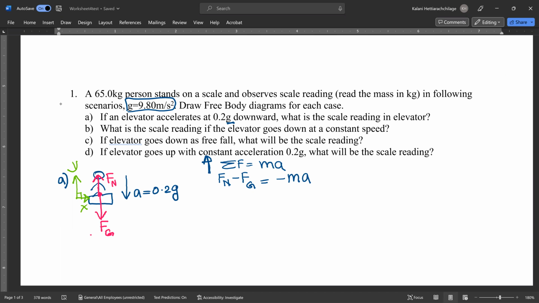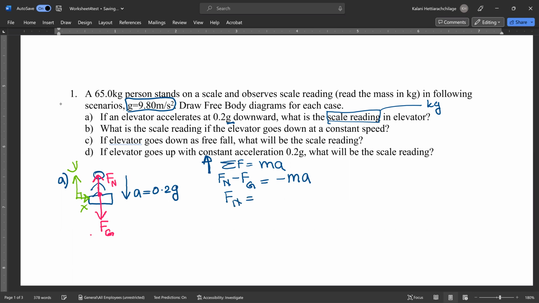So now what is the scale reading? It's very important that you understand the difference for the scale reading. The scale reading I need to give in kilograms. That means it is not the normal force, but the coefficient that you have before g, which is the kilograms, because that's the mass. Okay, so now let's write. I need to find the normal force.